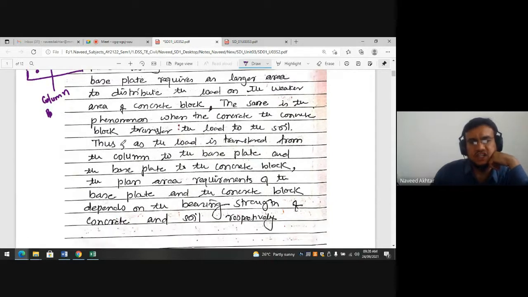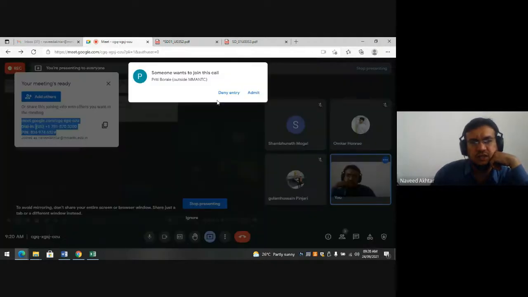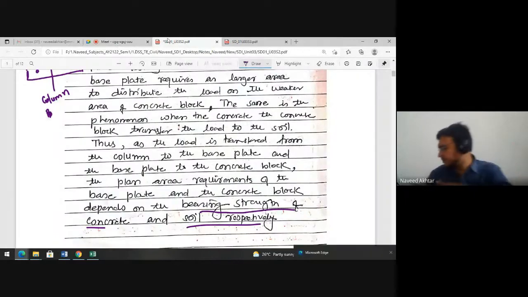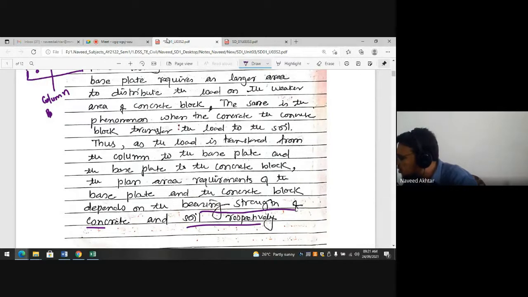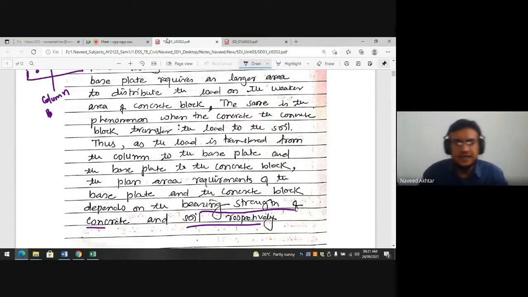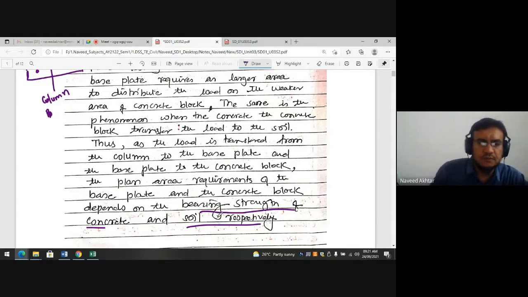Thus, as the load is transferred from the column to the base plate and from the base plate to the concrete block, the plan area requirement of the base plate and the concrete block depends on the bearing strength of concrete and soil respectively. So it depends on the bearing area of the concrete below the base plate.